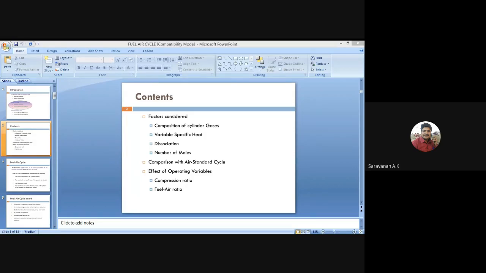These are the contents. Due to the disintegration of these components, how will the engine performance be affected? That is the third factor. And the fourth factor is the number of moles present in the cylinder at the temperature and the pressure.